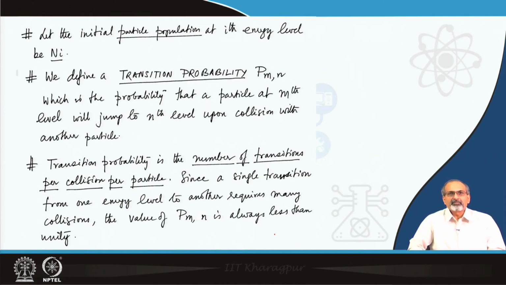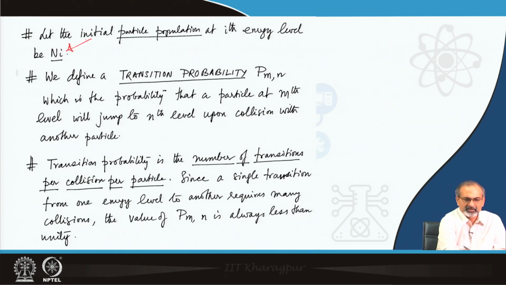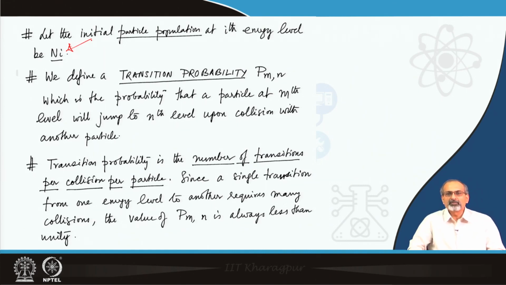Let the initial particle population at the ith energy level be N_i. As you can understand, when we talk about equilibrium, this population distribution would be purely defined by the Boltzmann distribution. But here, since it is non-equilibrium, we cannot use that theory per se.